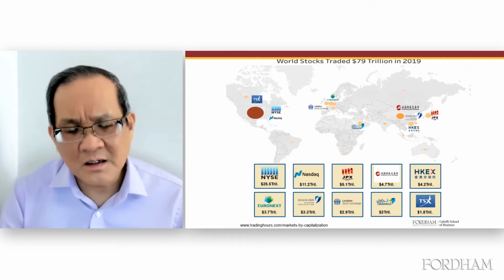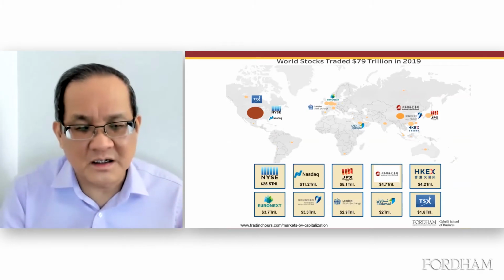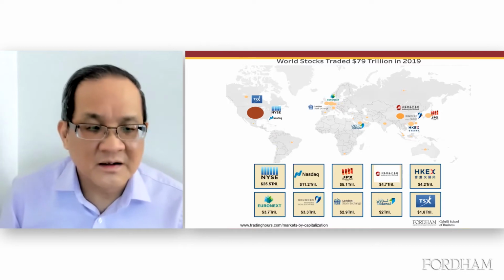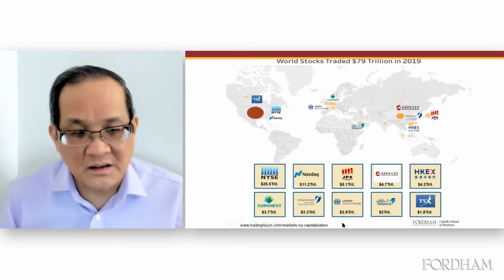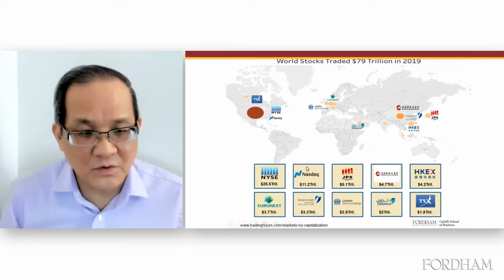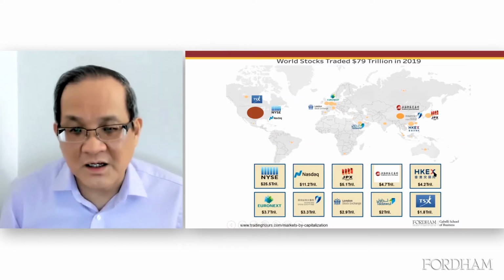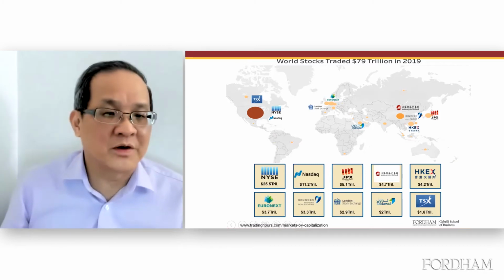These two exchanges dwarf the other exchanges: Euronext is only $3.7 trillion, and the HKEX is only $4.2 trillion.